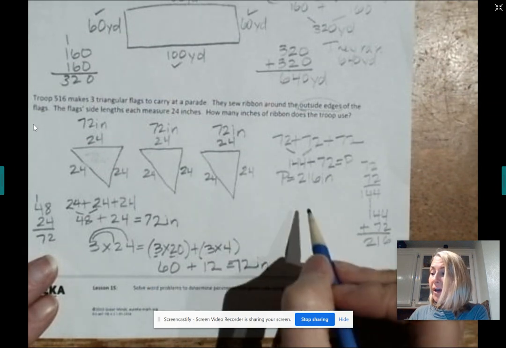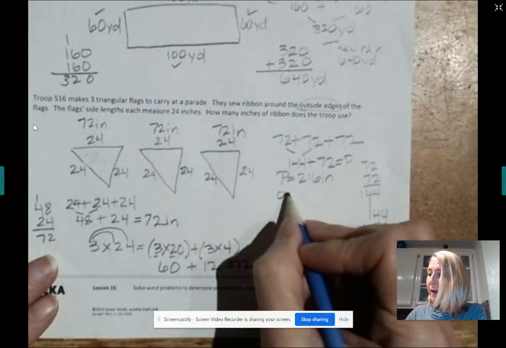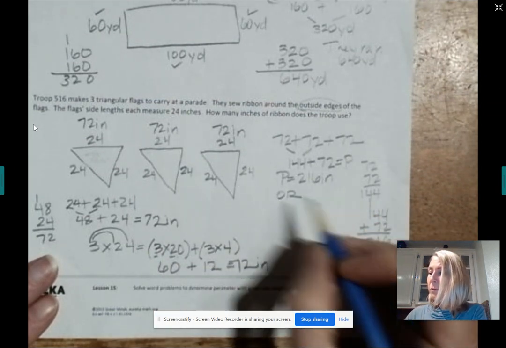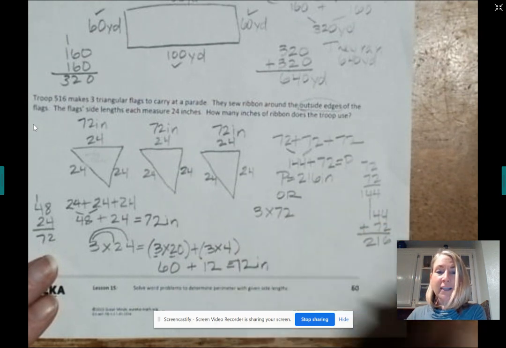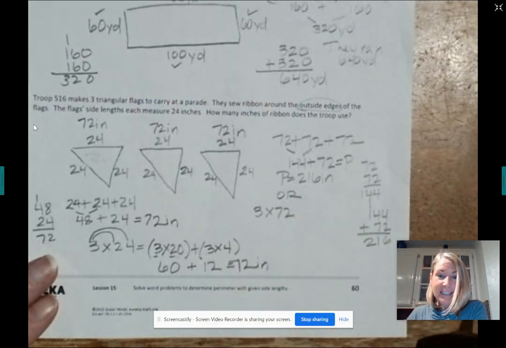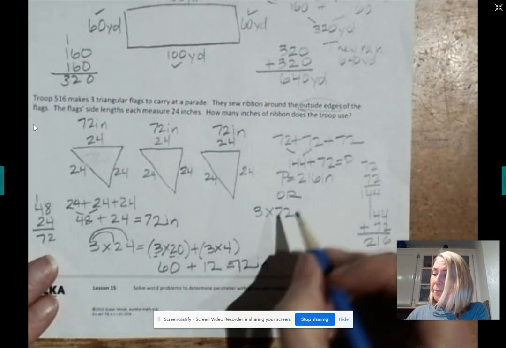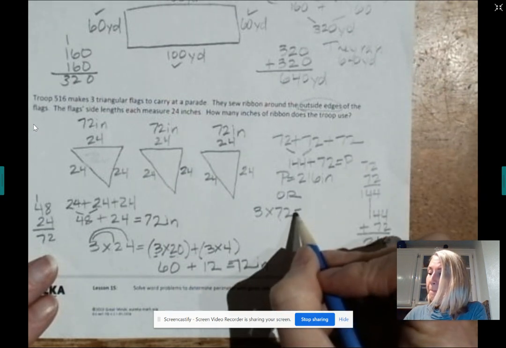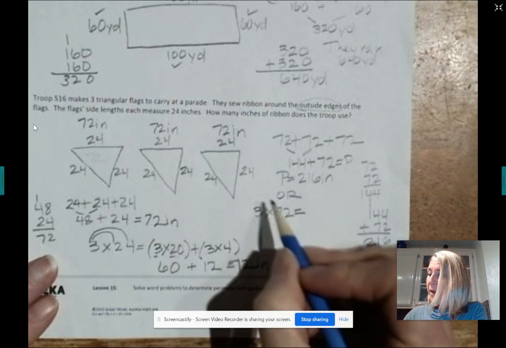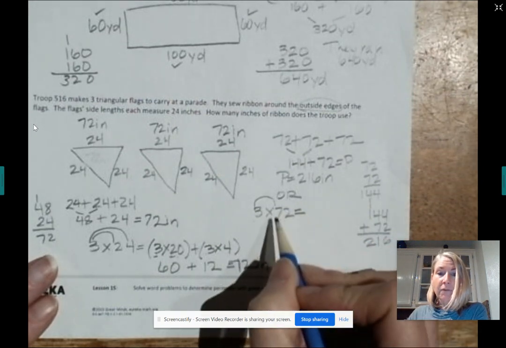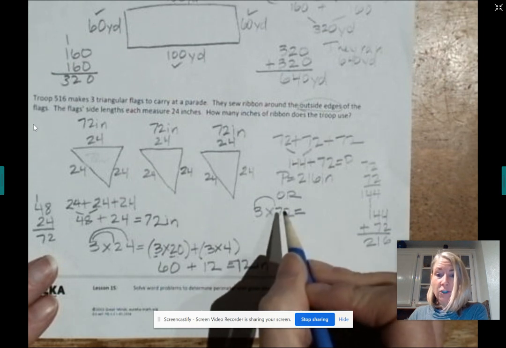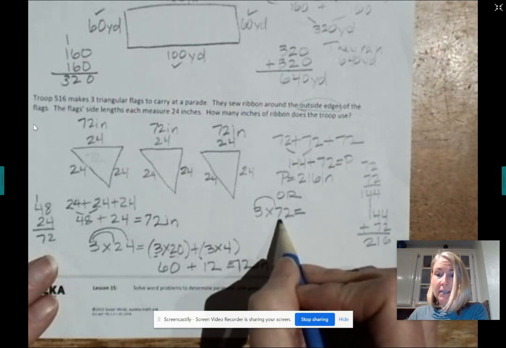Now, just in case you're liking that distributive property, we have 3 times 72. Wow, look at that impressive problem, right? We don't get to see that all that often in 3rd grade. So 3 times 72, if I want to break that baby down, I can say 3 times whatever the value of this digit is, which is 70. Exactly.